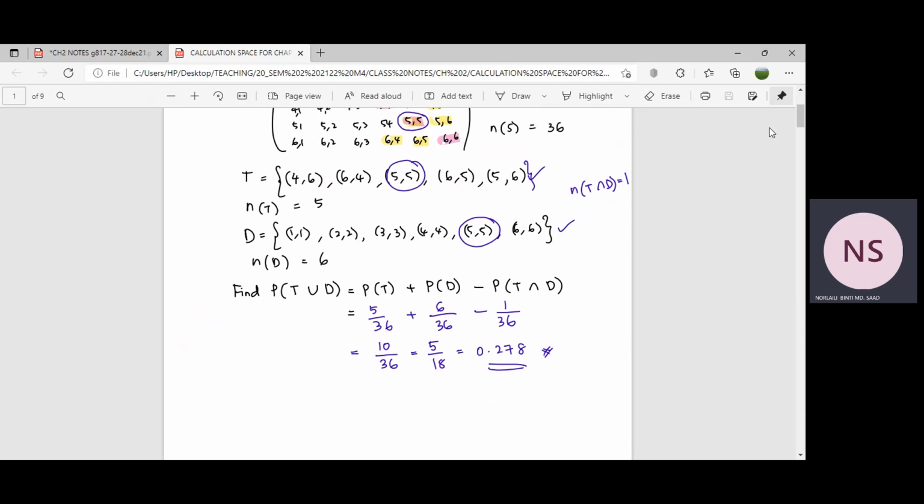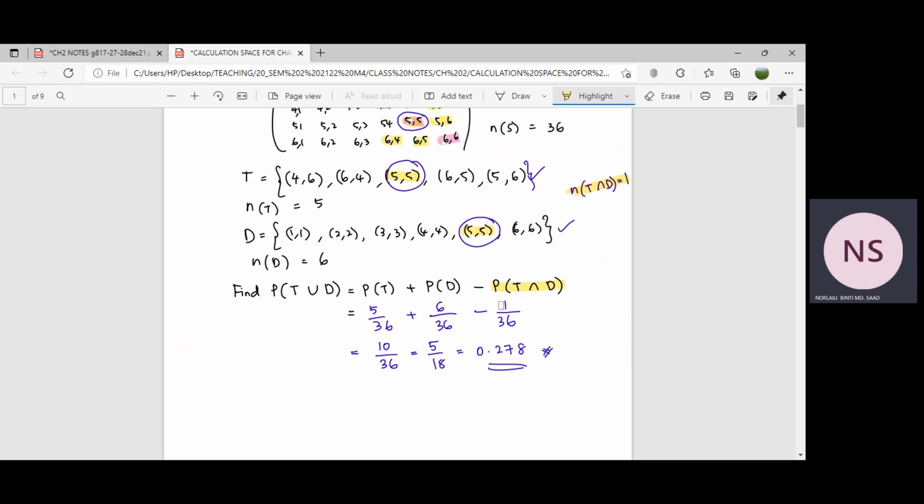Then we want to find the probability of T union D. So we have to take P(T) plus P(D) minus the intersection. Look carefully at this intersection. We have to look at the same elements that occur in set D and in set T. When you have 5,5 in both sets, it means the number of elements in the intersection between event T and event D is 1.